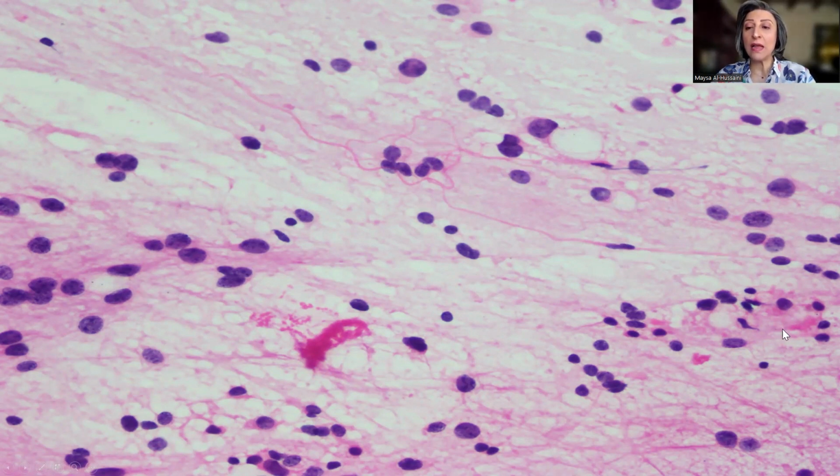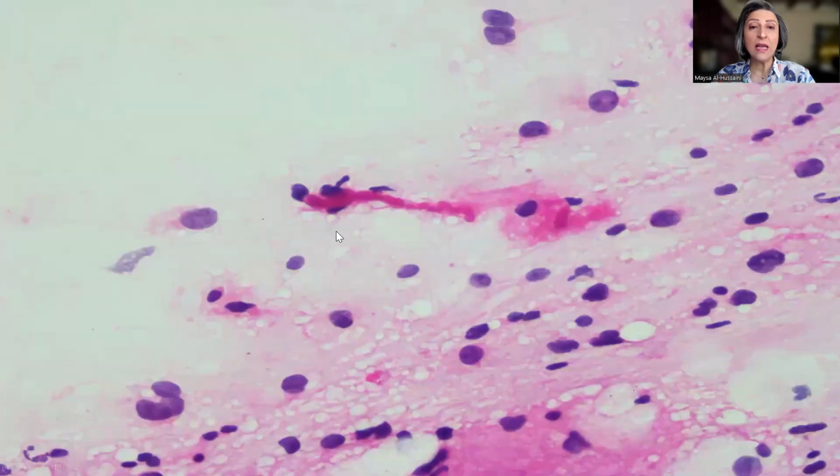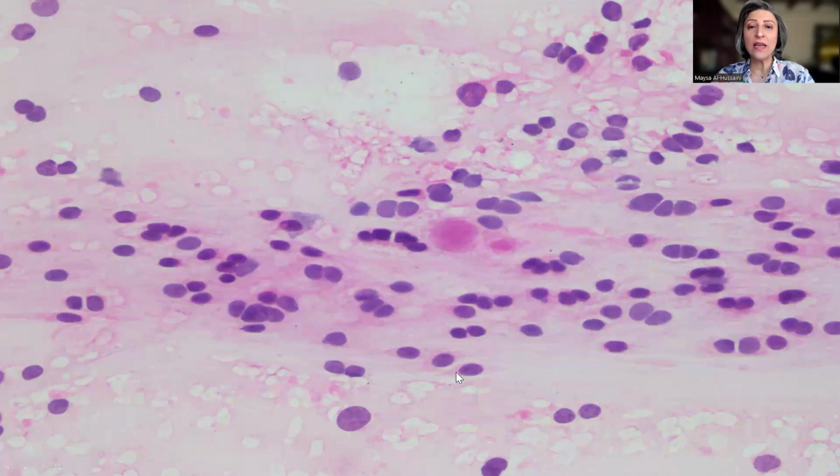Some acidophilic granules identified here, and more Rosenthal fiber, more of those cells with some pleomorphism, if we pay attention, a tendency at aggregation, and then the eosinophilic granular bodies that are identified as well in pilocytic astrocytoma.